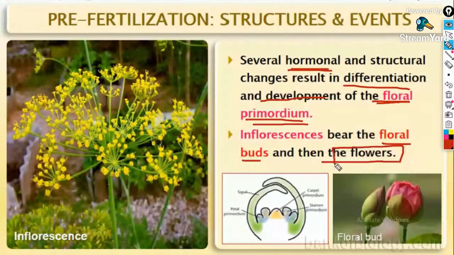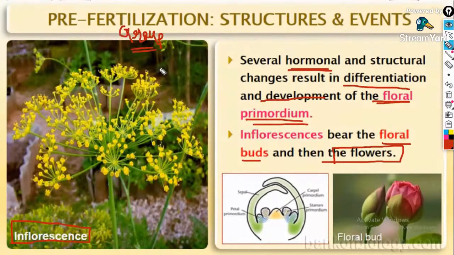For example, this is a diagram of an inflorescence. Inflorescence means a group of flowers borne on the same axis of a flower.